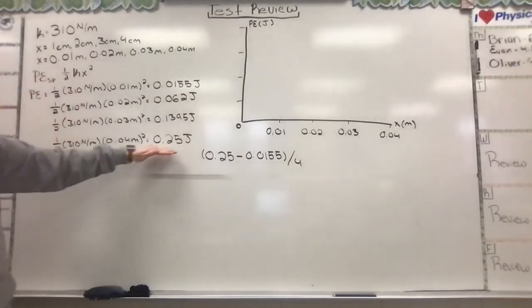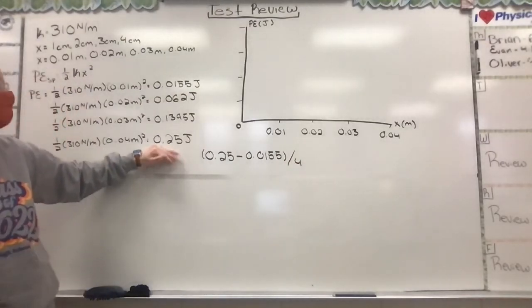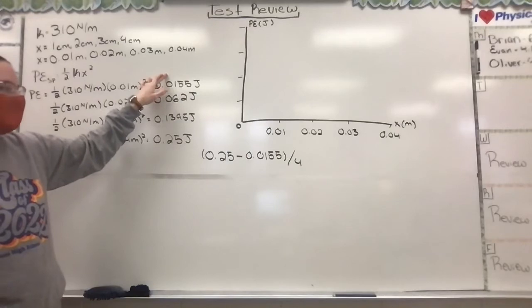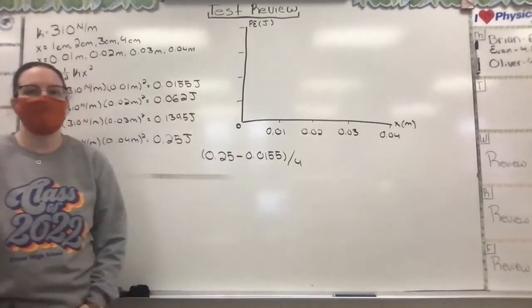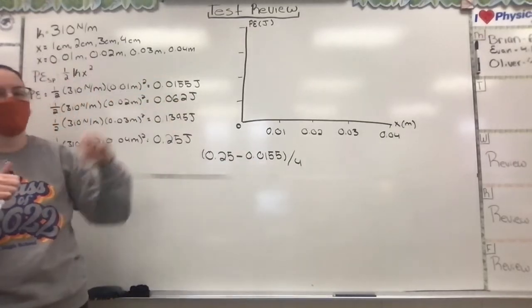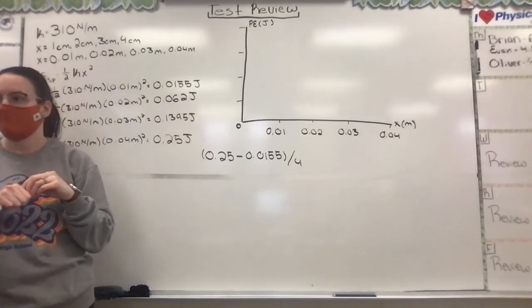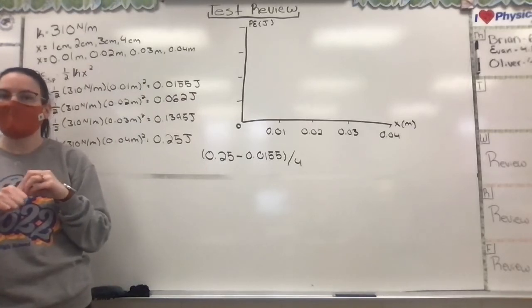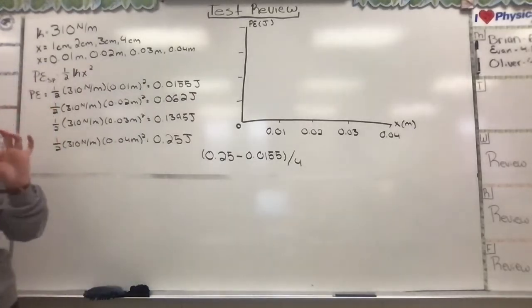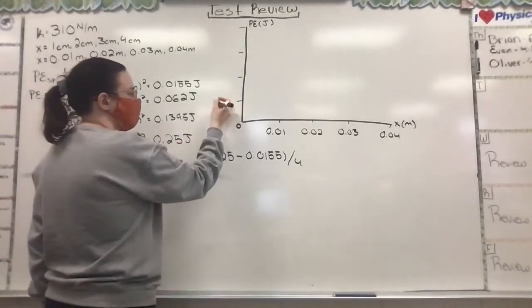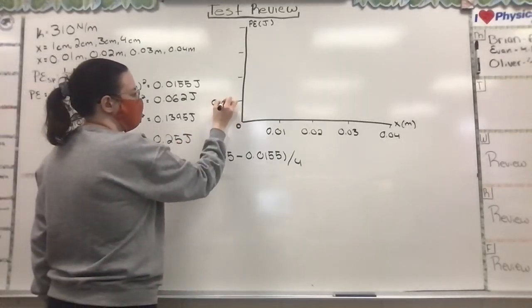Because I'm taking my biggest number, subtracting my smallest number from it, and then dividing that by 4 to get about how much I should increment each one. 0.06? Okay, so see how this works out, you guys, watch. So that means that this first one is going to be 0.06.